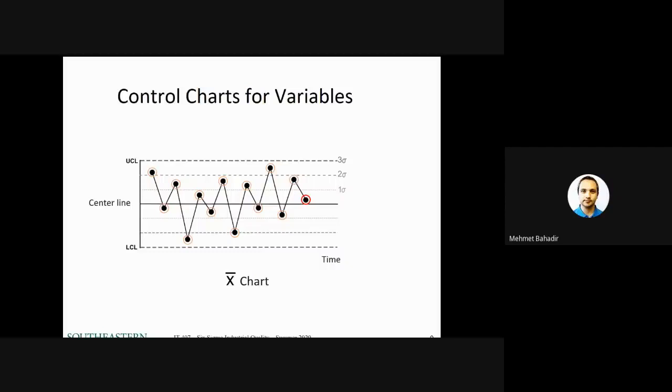So how does it happen in engineering? The most common application area of variable control charts in engineering is in a production line. In a typical production line, let's say you are a car manufacturer, there are probably hundreds of points where you collect data. You collect quality data.